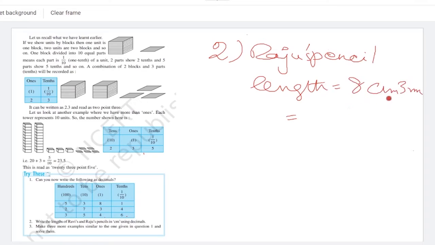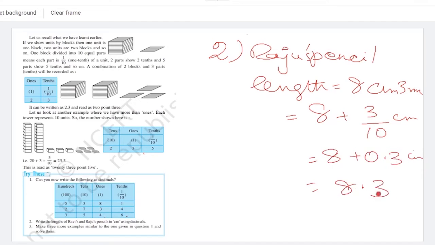That means 8 centimeters will be 8 only. 3 millimeters is 3 by 10 centimeters. So that is 0.3 centimeters. So the answer will be 8.3 centimeters.